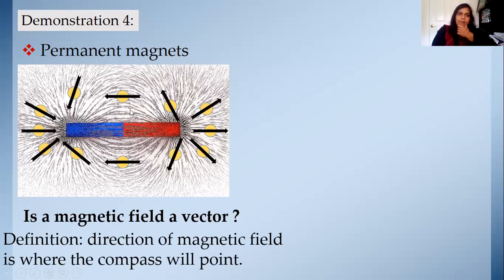Let's say I keep a magnet here, and then I spread a lot of small compasses around it. You will see that the compasses are aligning in this fashion. Basically, the north pole of the compass is seeking a south pole, so they are arranging in this fashion. If you notice this arrow's direction, it is always pointing towards south, right?